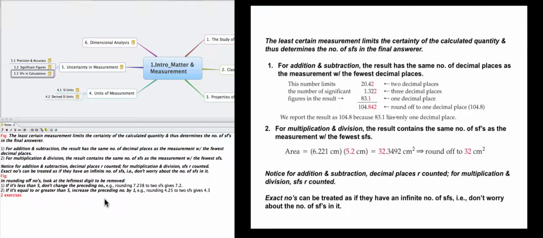Now, how do you determine the number of significant figures in a calculation? Well, here are some of the rules. The least certain measurement limits the certainty of the calculated quantity in the final answer. So for addition and subtraction, the result has the same number of decimal places as the measurement with the fewest decimal places.